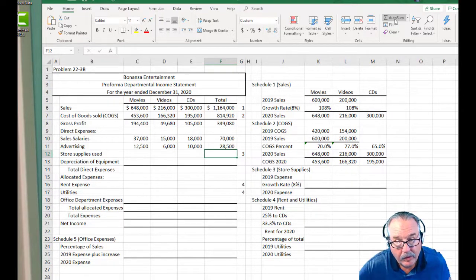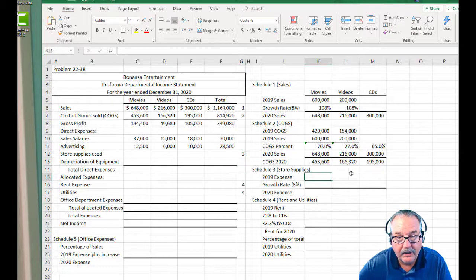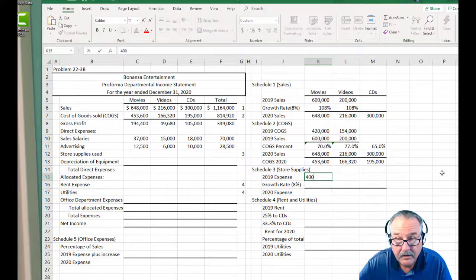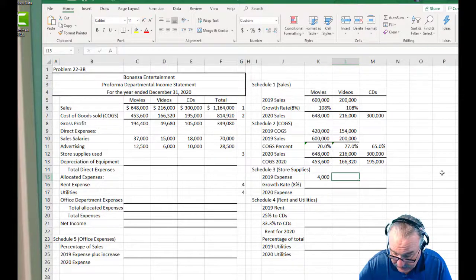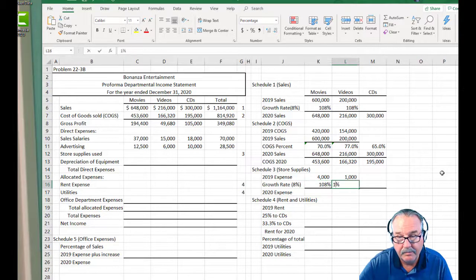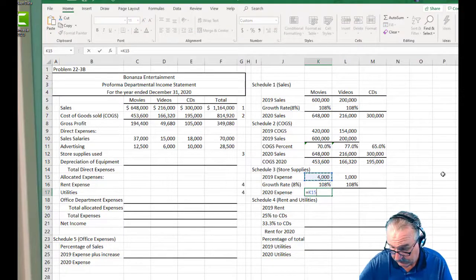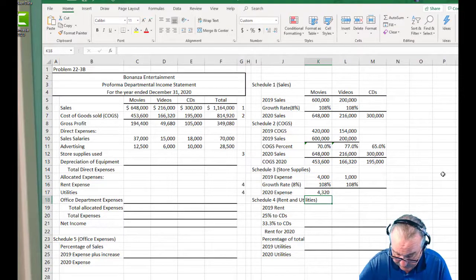And we're going to do the store supplies. So they told us that store supplies, because sales is going to go up 8%, store supplies will go up 8%. So we had $4,000 in the movie department and $1,000 in the video department. We're going to ratchet that up by multiplying it times 108%.